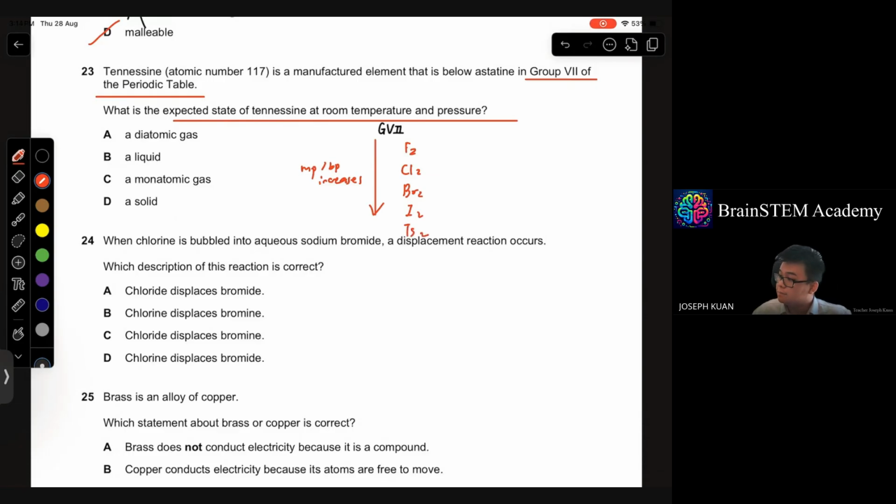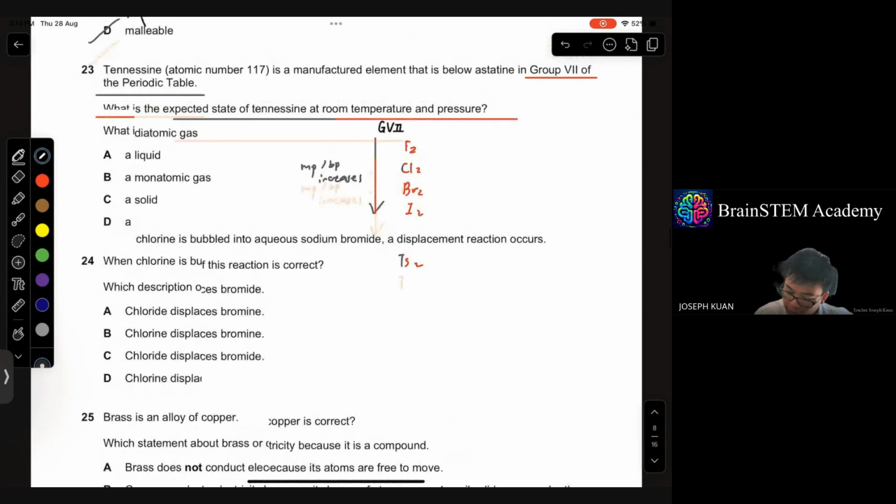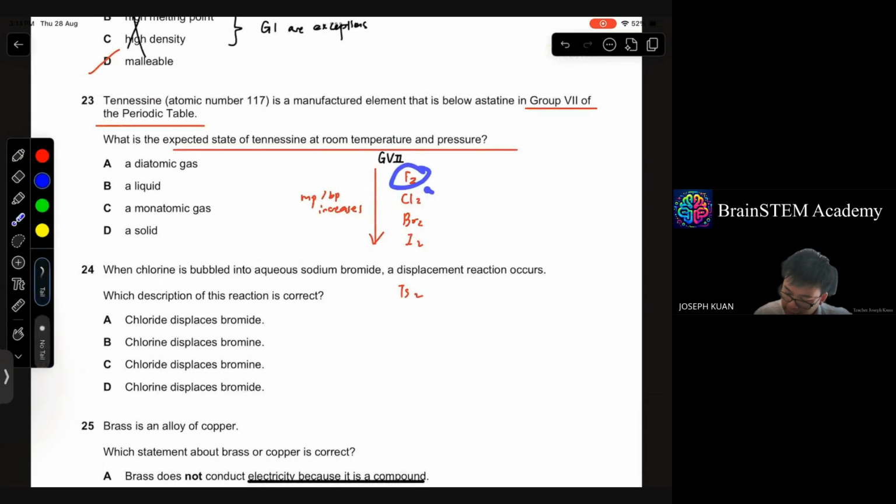So we should expect these elements to be diatomic, and the state gradually changes from gas to liquid to solid. So tennessine is most likely a solid at room temperature and pressure.